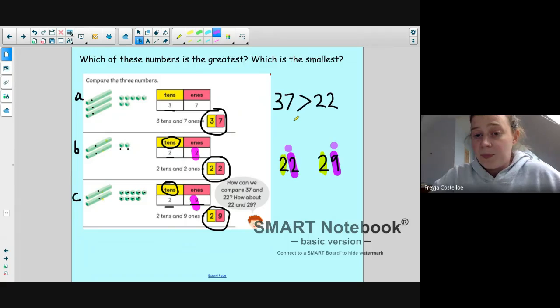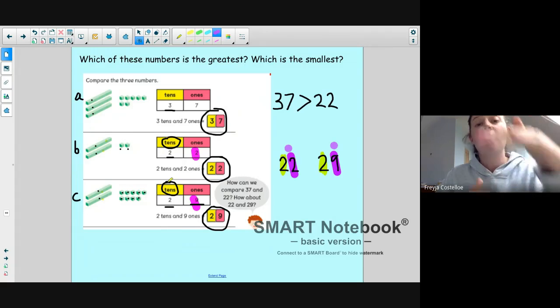So which of these numbers is the biggest? Is it 22 or 29? It's going to be 29, isn't it? Because we've got the same amount of tens. Okay, so we've looked at the tens. Can we compare them? We can't because they're the same. So now we look at the ones.